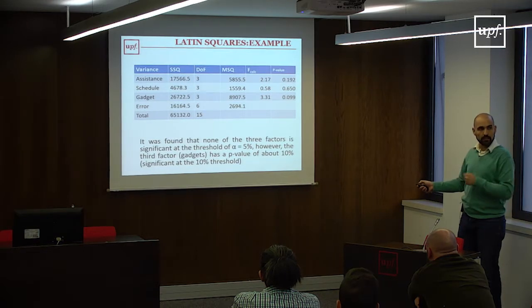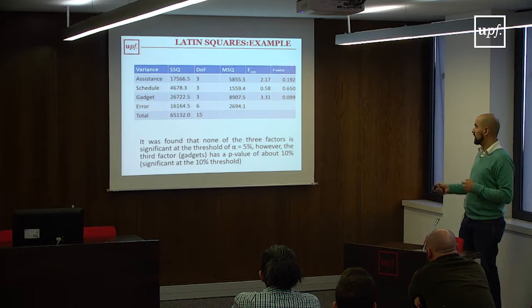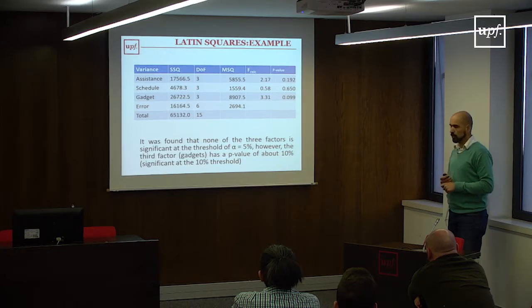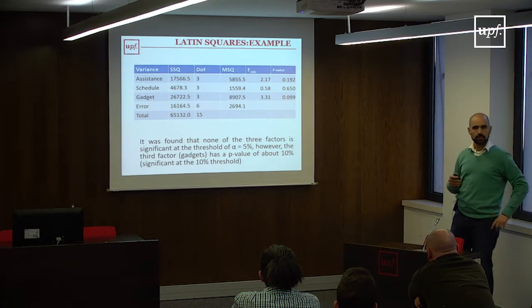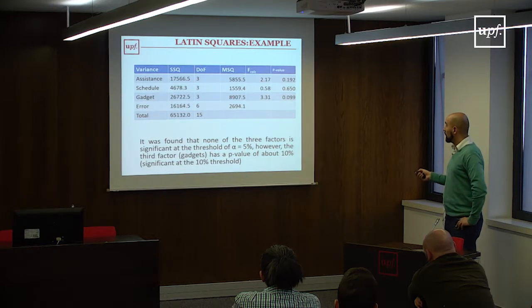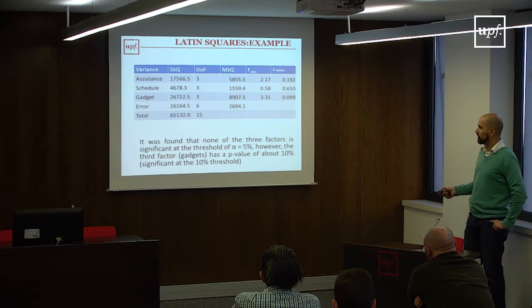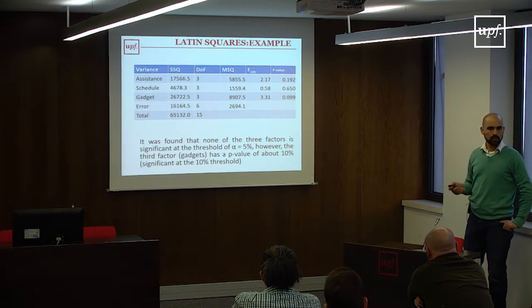Looking at the tables from the Fisher coefficient, we can obtain the p-value, looking at the table or asking the PC. In this case, if we assume an error alpha of 5%, none of the factors is significant.